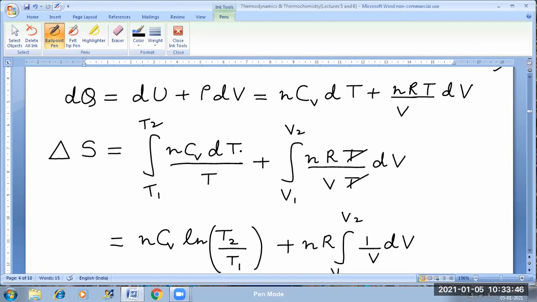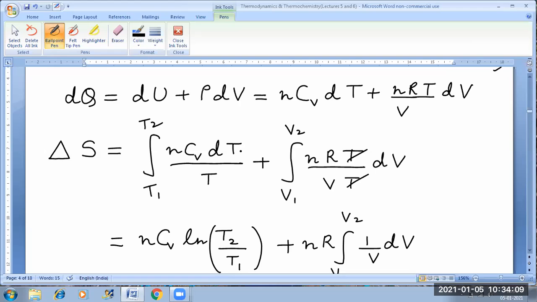But in general, if they ask you the expression for delta S of an ideal gas, and they don't mention isothermal or adiabatic or anything, then dT will not be 0, because then temperature is changing, pressure is changing, volume is changing. In general, everything is changing. It is not isothermal, it is not isochoric.